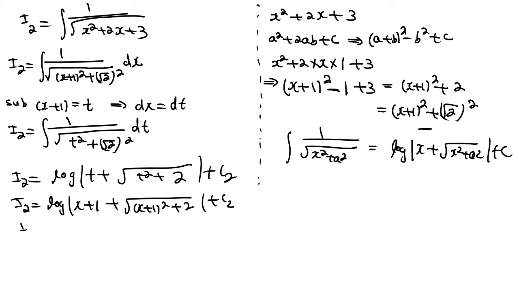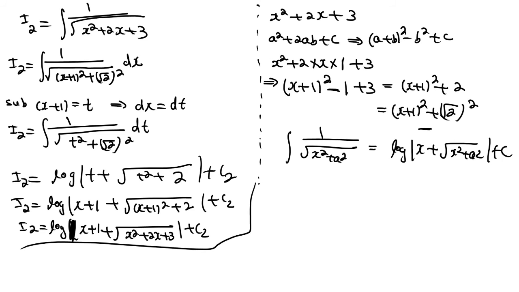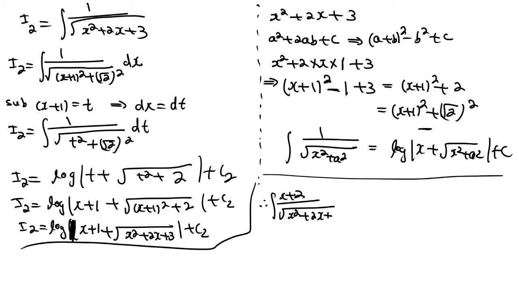This is nothing but I2 is equal to log of mod x plus 1 plus square root of (x plus 1) whole square plus 2, which is nothing but x square plus 2x plus 3, plus c2. Now combine this one. Therefore, integration of, what is the question, x plus 2 divided by square root of x square plus 2x plus 3 is nothing but I1 plus I2.